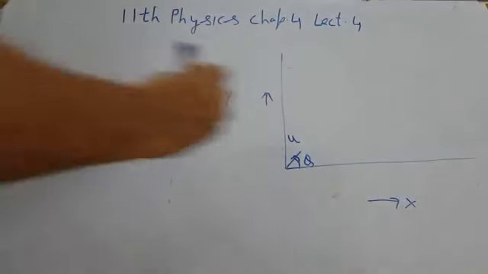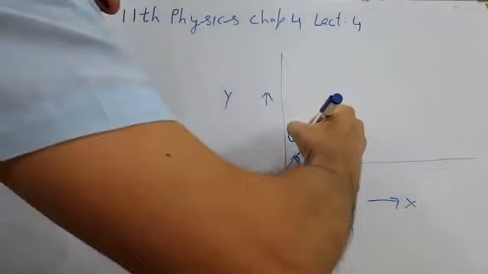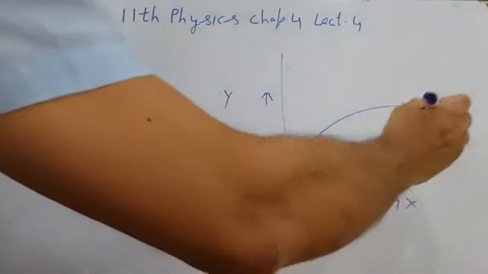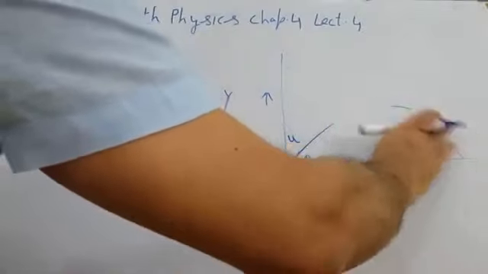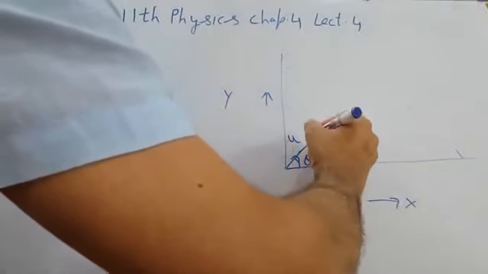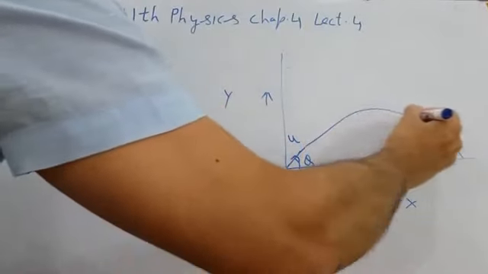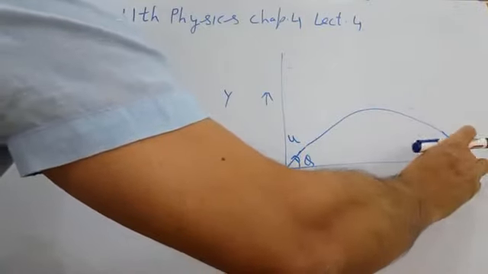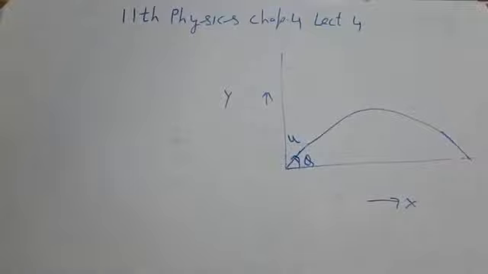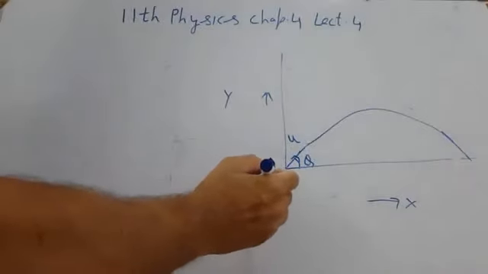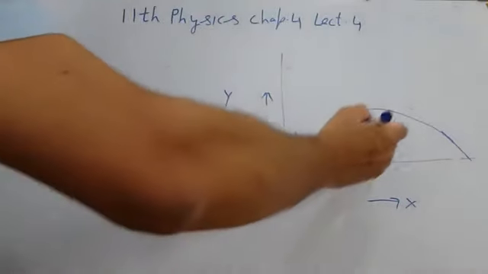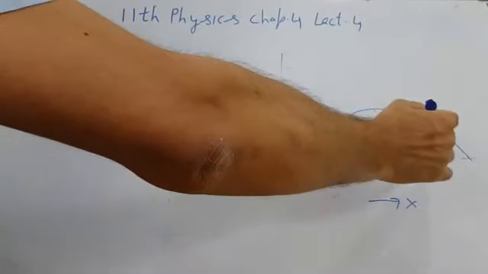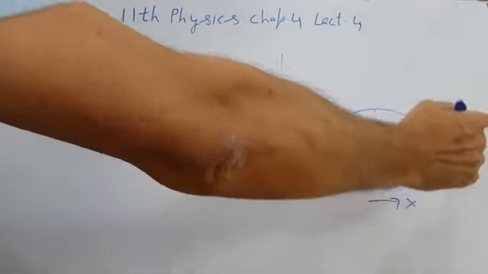It was thrown like this. So what will happen? It will follow this trajectory. It will gain height, at this point the height will be maximum. After that this height will start decreasing and it will strike here.